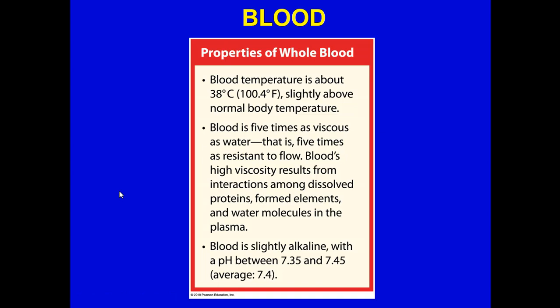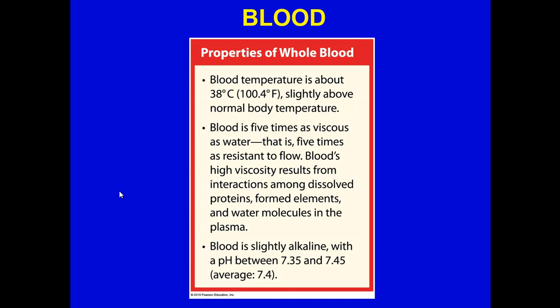Properties of whole blood include that the blood temperature is about 38 degrees Celsius, or about 104 F, slightly above normal body temperature. Blood is 5 times as viscous as water. That is, 5 times resistant to flow.